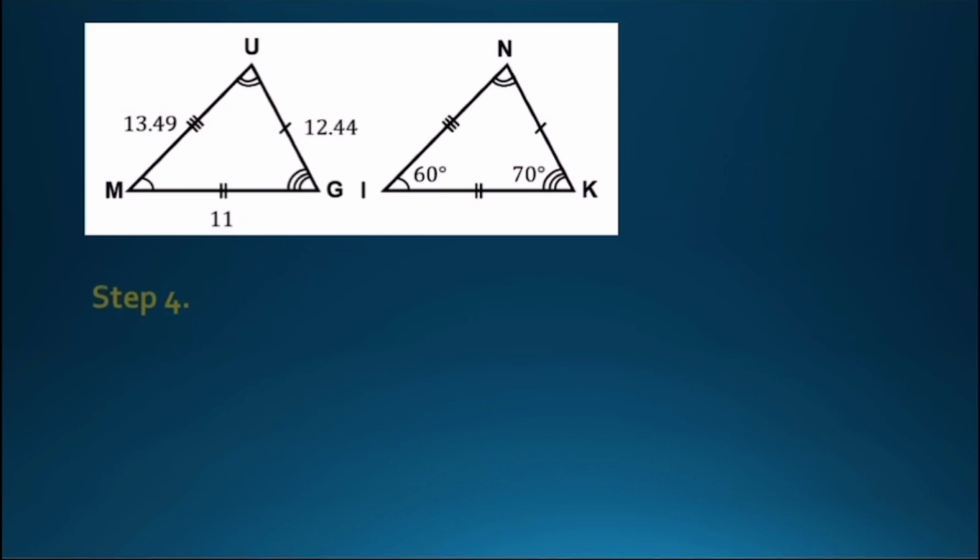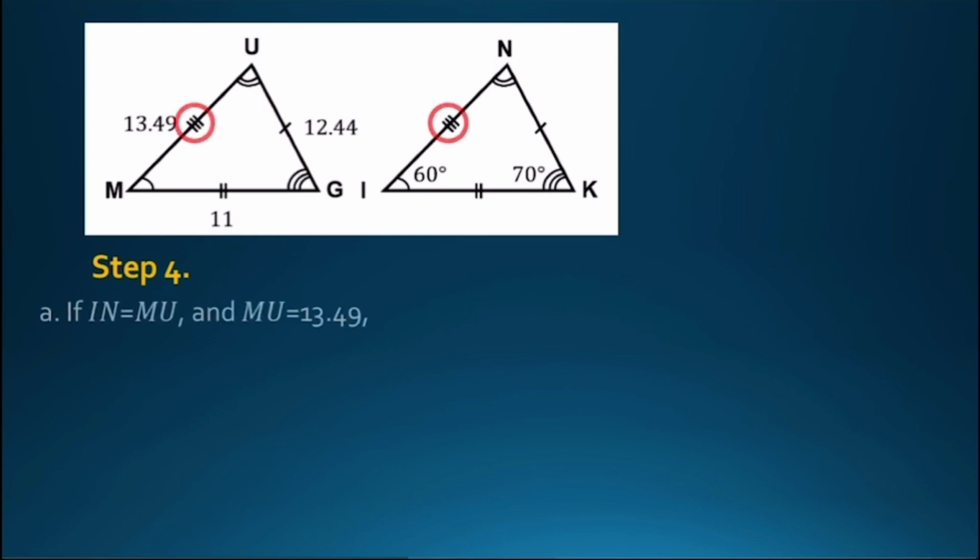For step 4, by CPCTC, we already claim that the corresponding parts listed in the table are congruent and have equal measurements. For letter A, if IN is equal to MU and MU is equal to 13.49, then IN is equal to 13.49.